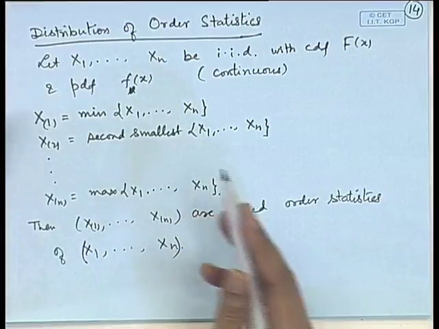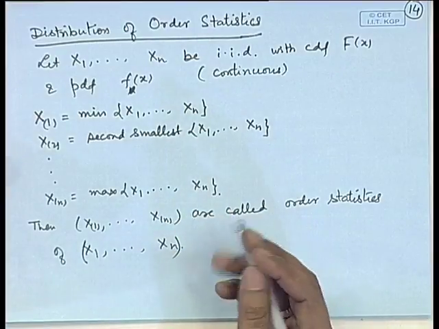For example, the raw observations may denote the marks by the students, but we may be interested in the ordered observations, that is, who is getting the highest marks, who is the second highest, etc. If we are selecting certain candidates on the basis of certain scores, we will be interested in selecting the best 10. So, we will be interested in, say, X(n), X(n-1) up to X(n-9), the top 10 students.